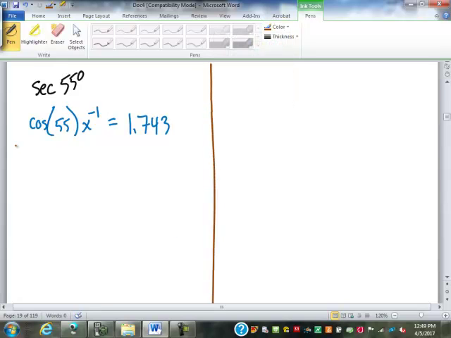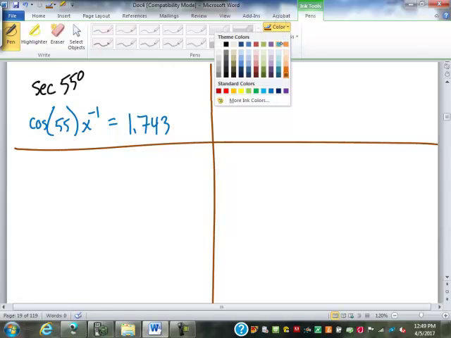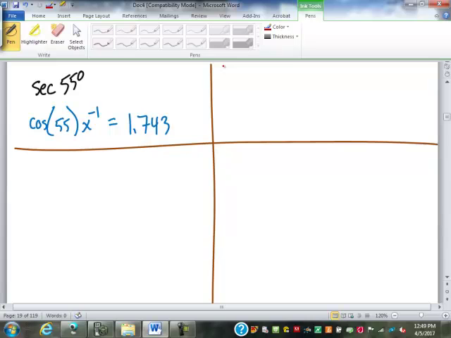Well, now when we reverse this, we have to do everything in the opposite order, backwards order. Here the reciprocal is the last thing we do. If we're doing an inverse secant of 1.743, we have to do the 1.743 with the reciprocal first, and then the inverse cosine.